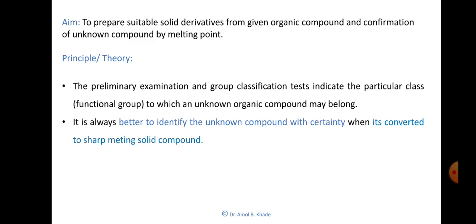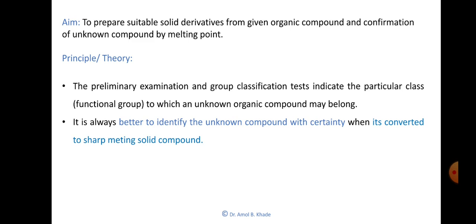When we have a solid compound which is not giving a sharp melting point, we can chemically convert it into another solid derivative which will have a sharp melting point. If you have a liquid compound, we will try to convert it into a solid derivative, and the solid derivative will give a sharp melting point because it is more pure than the crude compound.